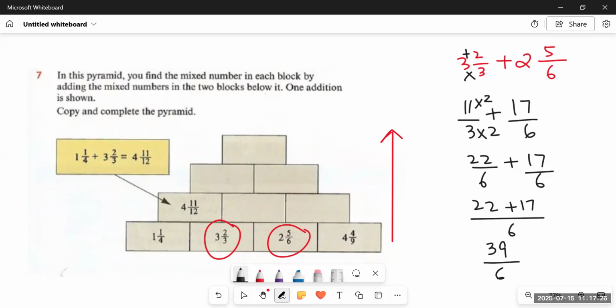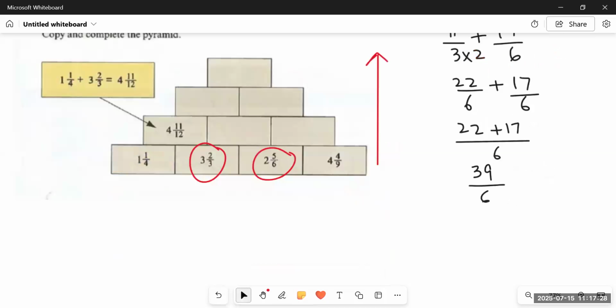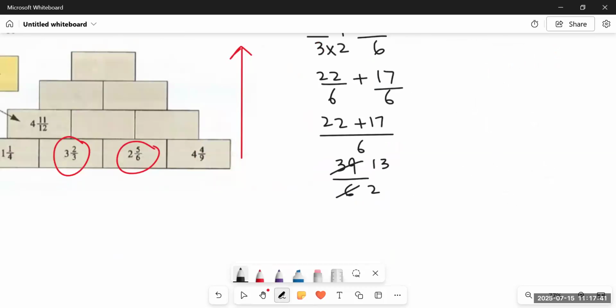Then we can see that 39 upon 6 can be simplified by 3. Both are multiples of 3, so we will cancel them by 3. 3 twos are 6, 3 ones are 3, 3 threes are 9. We are left with 13 upon 2. Now we are going to convert it back to a mixed number. How can we do that? The numerator goes inside and the denominator comes outside.